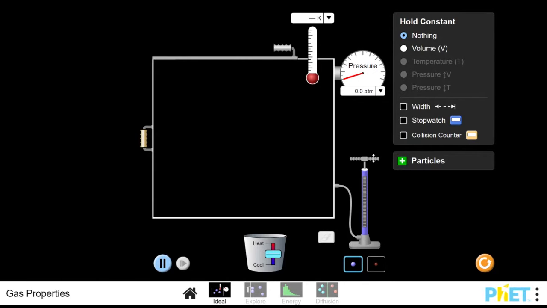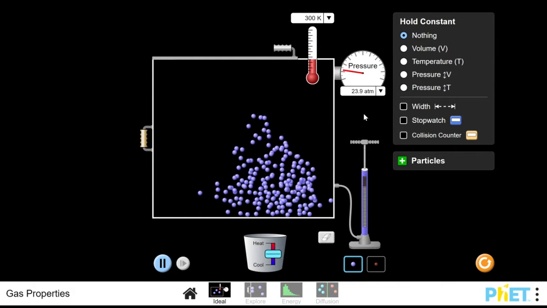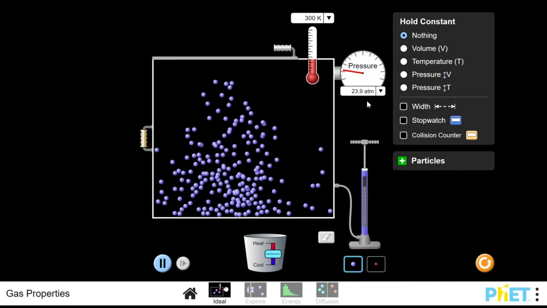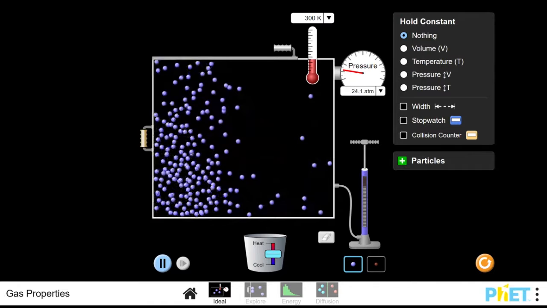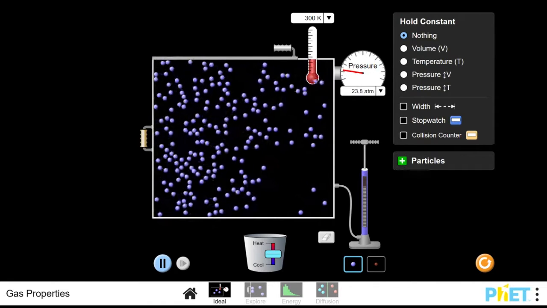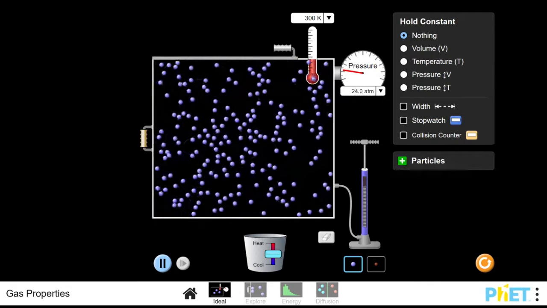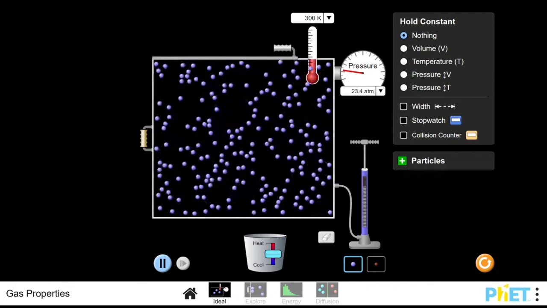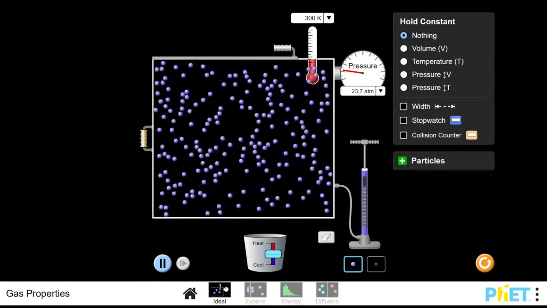So let's say my atmosphere is showing pressure. As I put gas inside this chamber, look how the pressure meter went up. Now, everybody, we measure pressure in several different units. One unit is the atmosphere, and one atmosphere would be the atmosphere of Earth. That's equal to so many bar, which is equal to so many kilopascals.